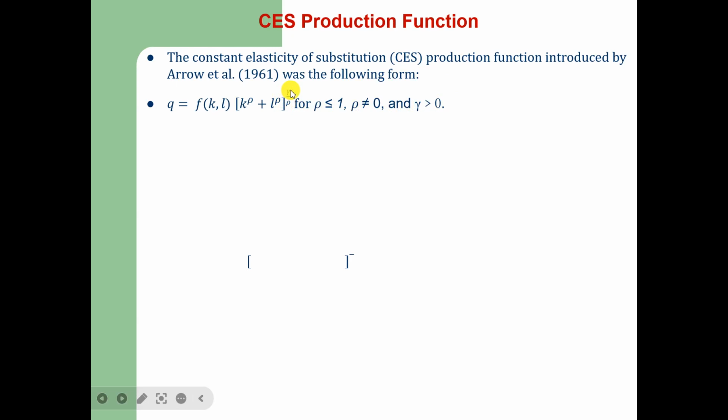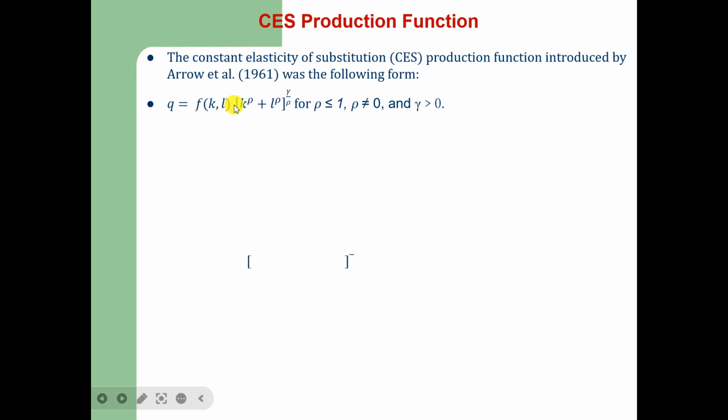If gamma is equal to 1, then there will be constant returns to scale. If this is greater than 1, there will be increasing returns to scale, and if this is less than 1, then there will be decreasing returns to scale, but it is necessary that gamma should be positive, that is, it should be greater than 0.